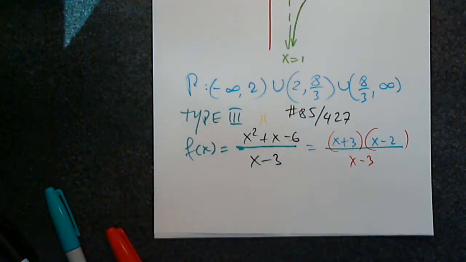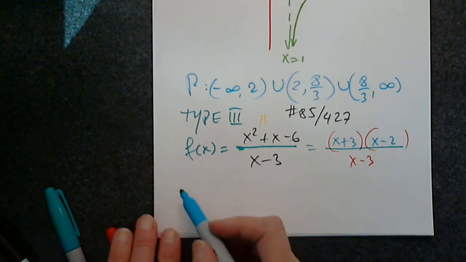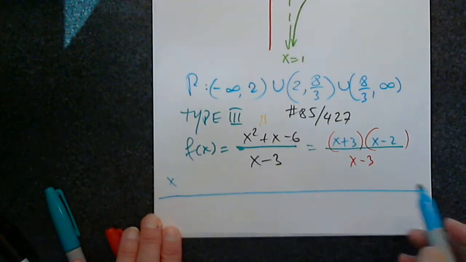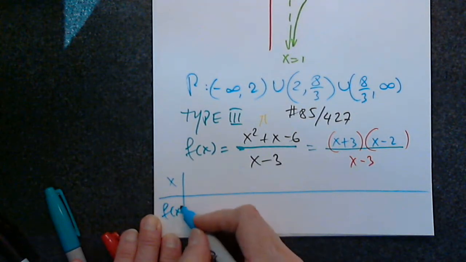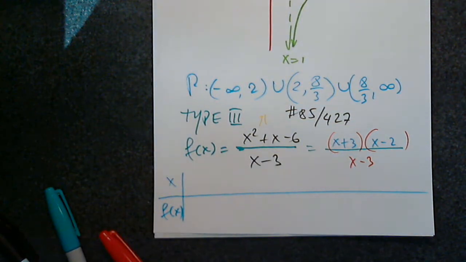Awesome. So now let's get a table going. You understand why this is so important to factor from the beginning, because if there is a factor that I can get rid of, that becomes a hole. If there is no factor that I can get rid of, there is no hole in the graph. So that's the first step.